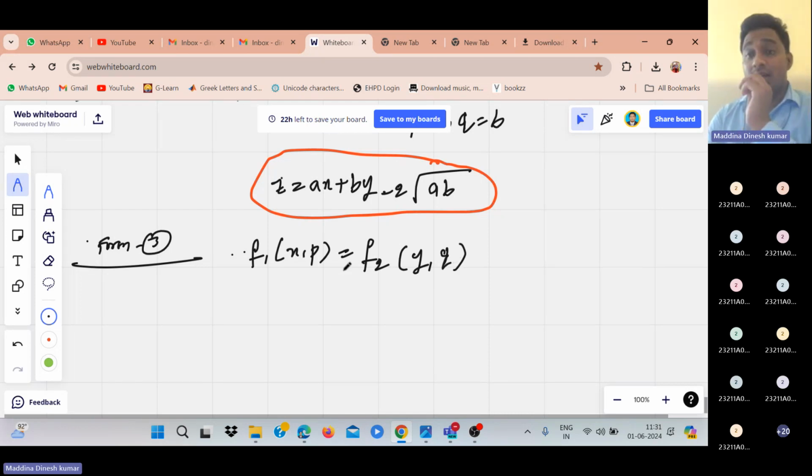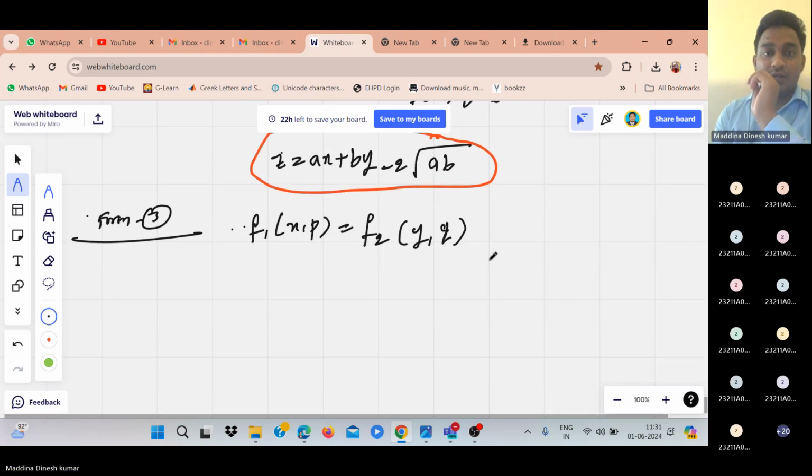That means if the given PDE is in terms of only x, y and p comma q, we will transfer all xp terms to the left hand side, all yq terms to the right hand side. Then we will use the form 3 methodology to solve that problem. If it is in this form, then we will find p and q from this.